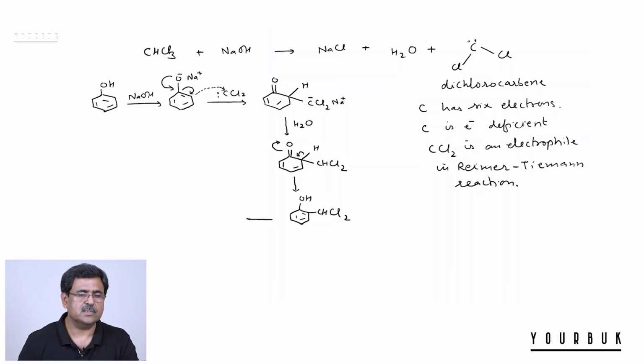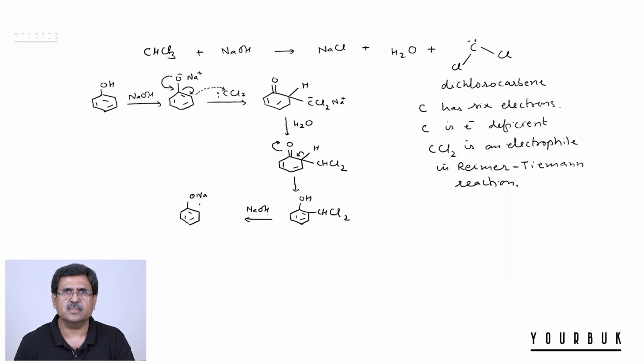Then we hydrolyze this using NaOH, and see in this compound the chlorine is on the side chain. The chlorine is not directly bonded to the benzene ring, so this chlorine is easily hydrolyzable by NaOH. But at the same time the NaOH also neutralizes the phenolic group.